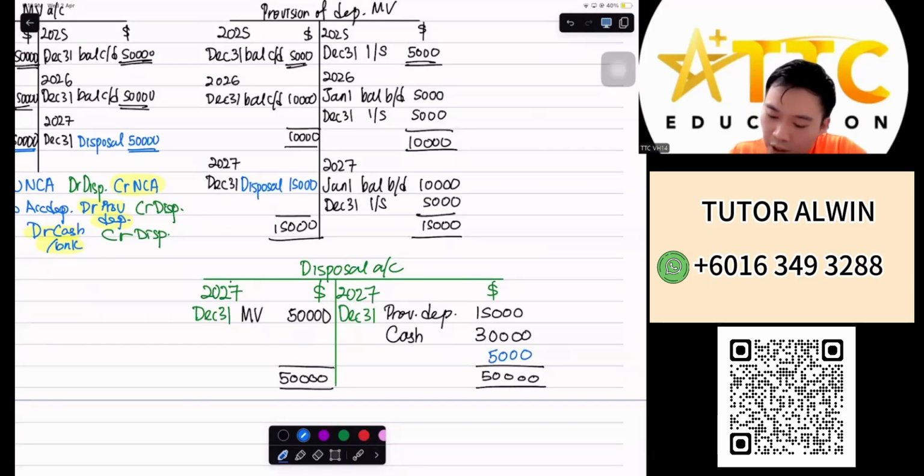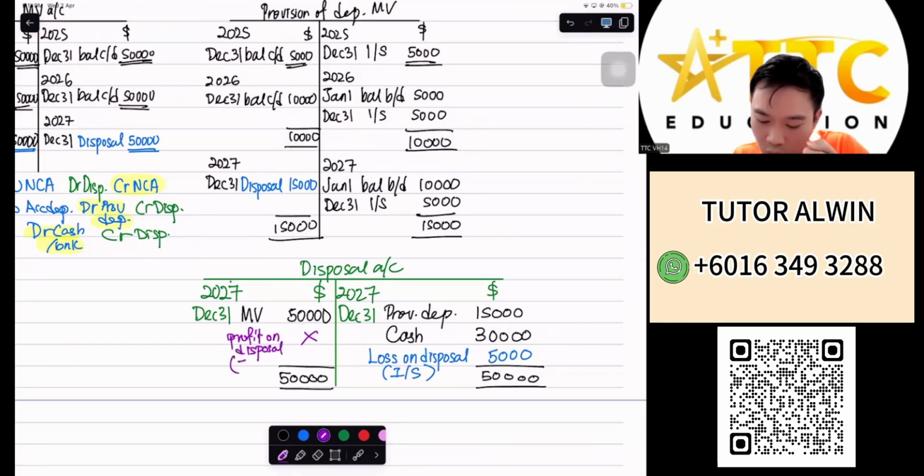Meaning, unfortunately, you make a loss on disposal, in which you will put into the income statement. Sometimes you write loss on disposal, or sometimes they just put it as income statement. Anyhow, if this side has a balancing figure, that will be profit on disposal, in which it will go into the income statement as an income because profit.